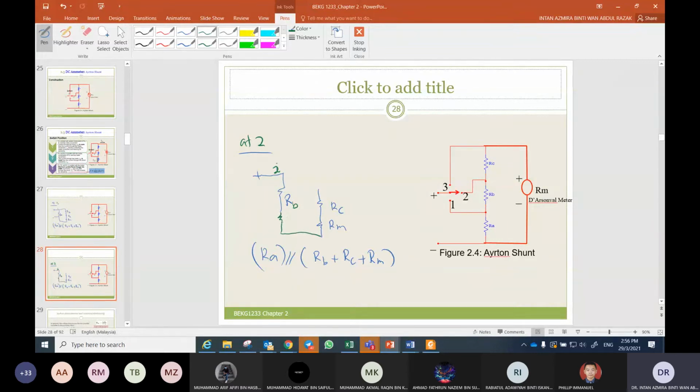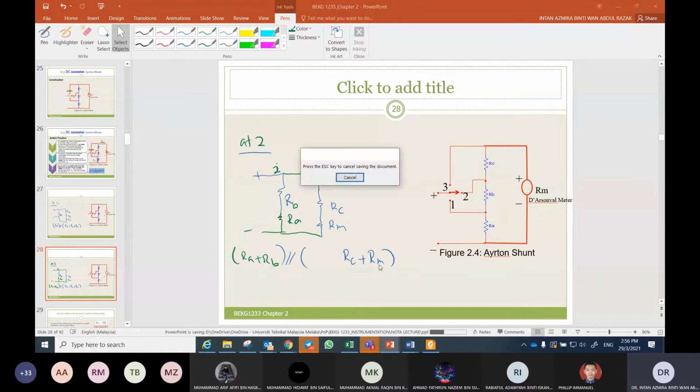So this is RA, and this is negative, like this, right? So RA plus RB is parallel with RC plus RM. Am I right? Yes. Okay, and then please proceed for position 3.